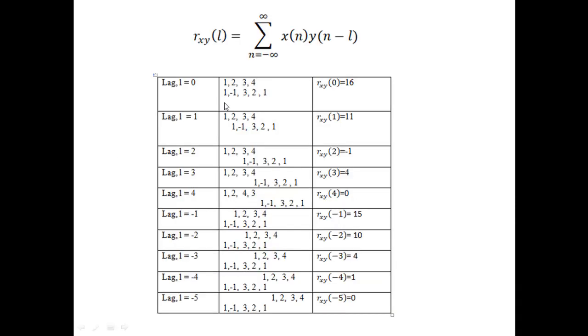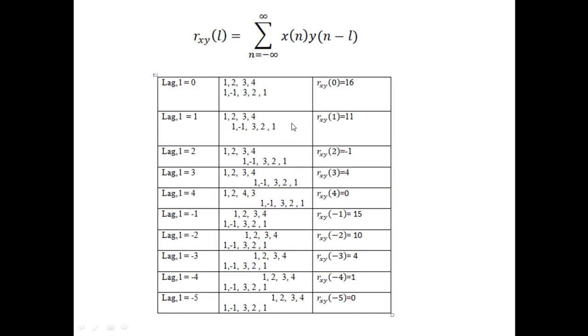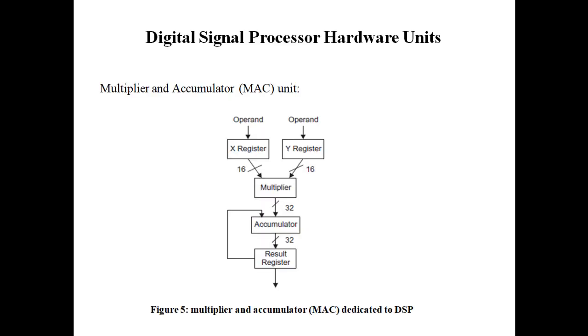So that's why we need this multiplier, so that the first sample of x of n and the first sample of y of n are multiplied, and that is added with the previous result. But in our case, the previous result is 0, so it is just accumulated, right? This is just accumulated, and now this accumulated result is stored in the result register.